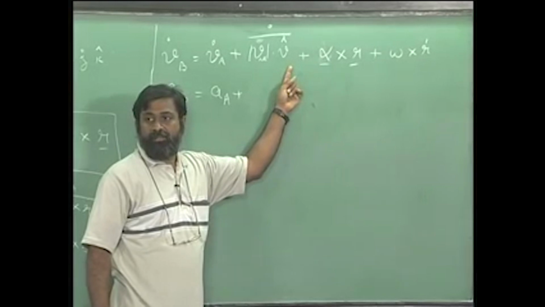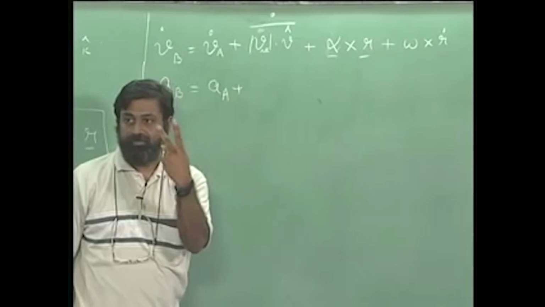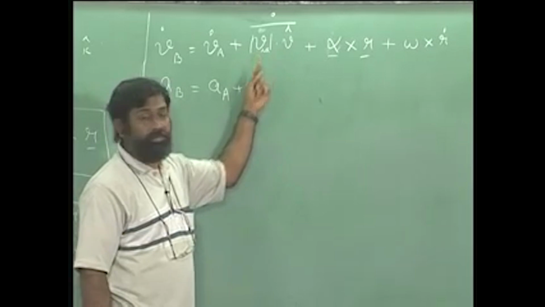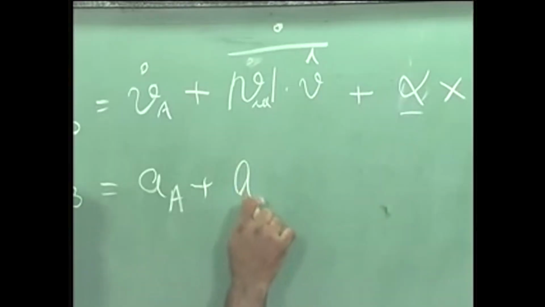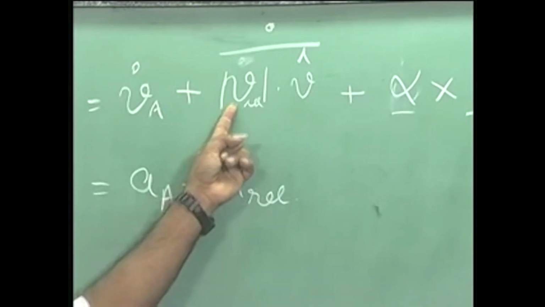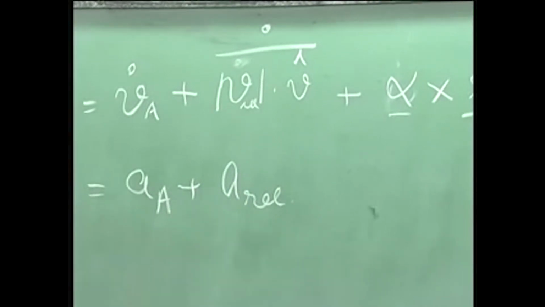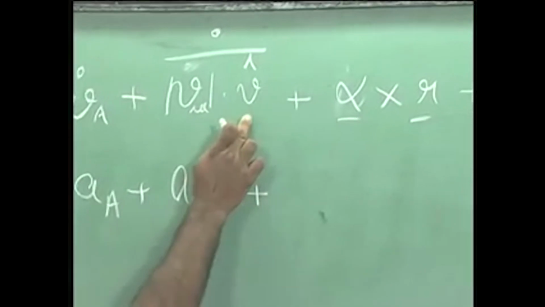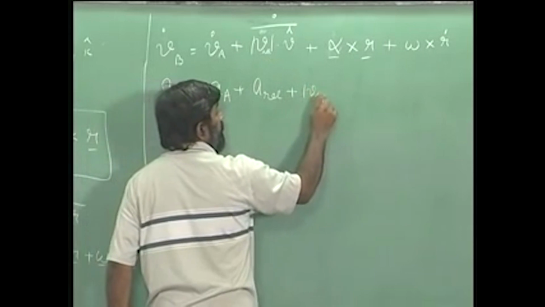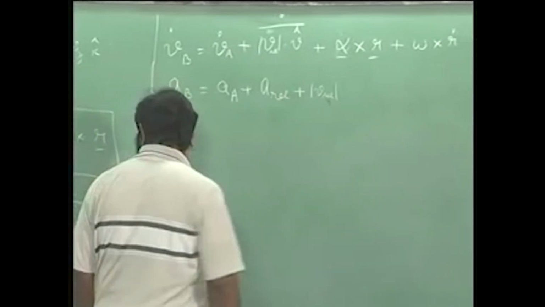How do I do that? This will give me two terms. One term is related to the derivative of V relative, right. So I will get A relative, which is nothing but the derivative of V relative magnitude times the direction. I am going to write it as A relative plus V relative magnitude times, which will give me what?